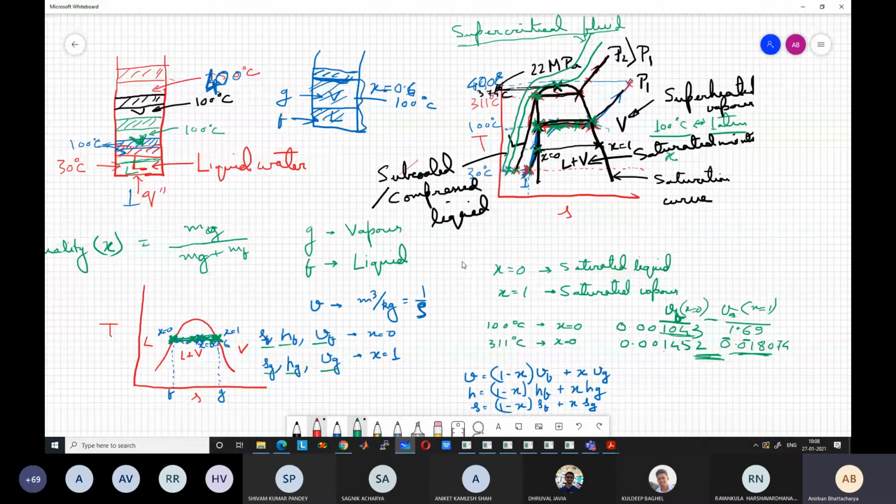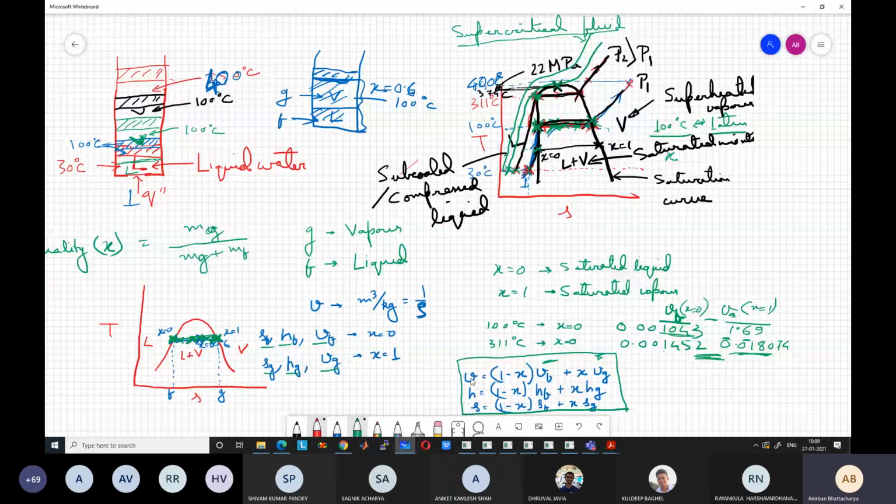So the crux of this discussion is that in the two-phase region, if you want to find any property, you need to know the quality or some other property from which you can calculate the quality. Once you know the quality, based on the saturated liquid and saturated vapor values, you can get the average value of the relevant property.